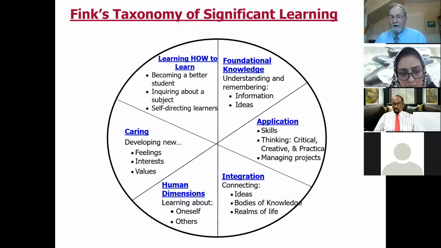The foundational knowledge is where we just want students to understand and remember information and ideas, facts, principles, relationships, theories, data, etc. We want them to understand it, and we want them to remember it. I called that foundational knowledge because you really need that in order to go the rest of the way around the circle. It's the foundation of the rest of it.